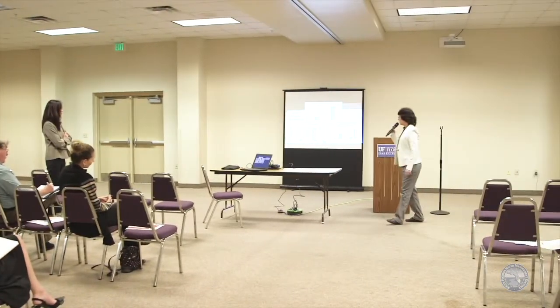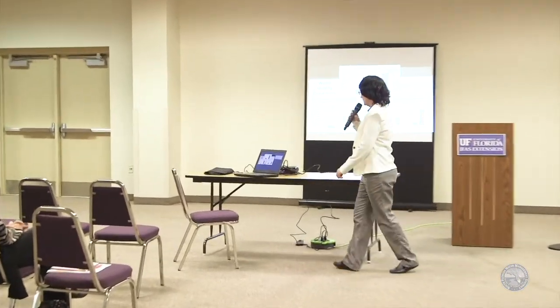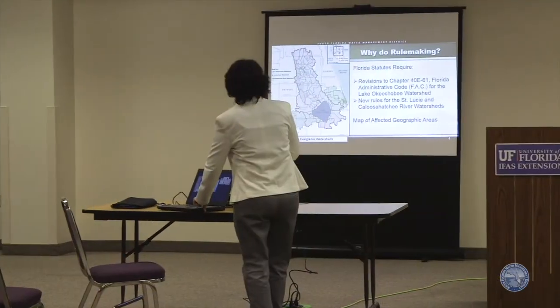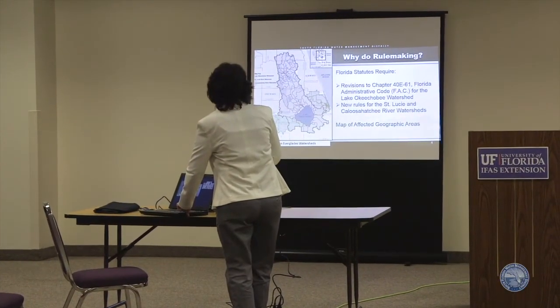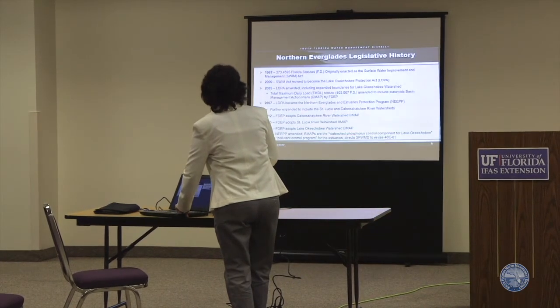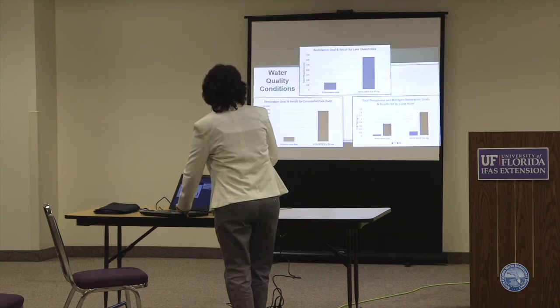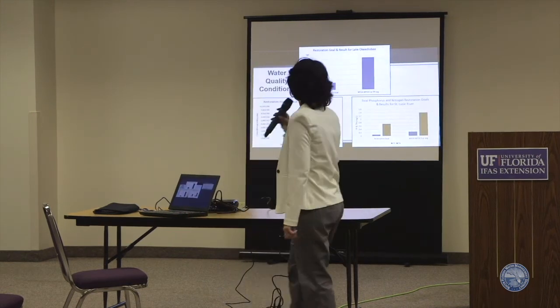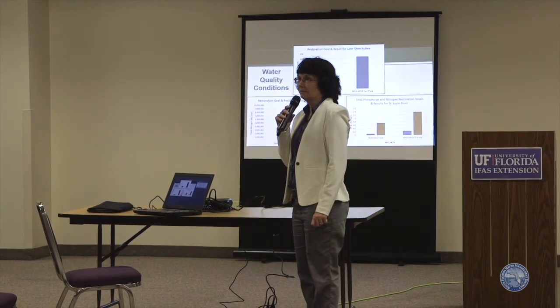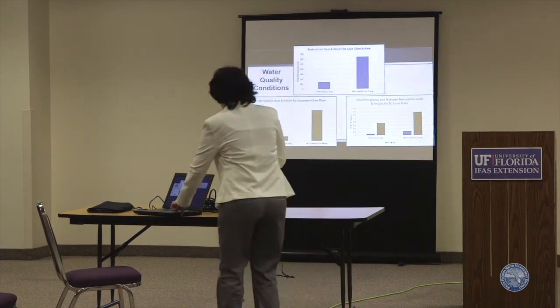Pam just brought up the slide of the current water quality conditions, but I'm actually going to go to a map. On those, you're seeing one graph for each watershed, and the small graph bar is what's proposed. What was it 15 years ago?